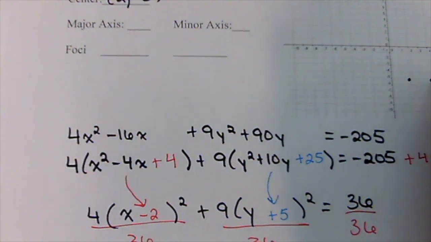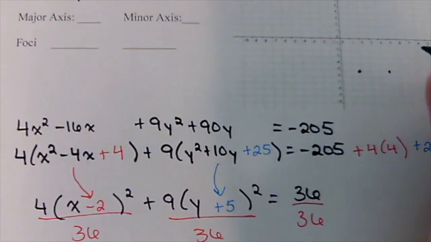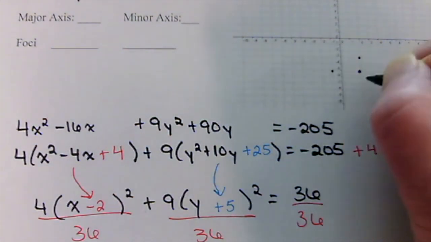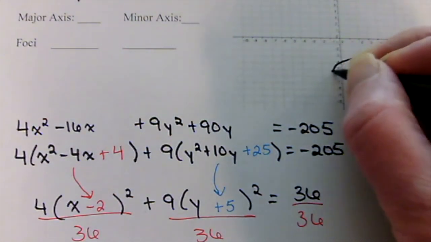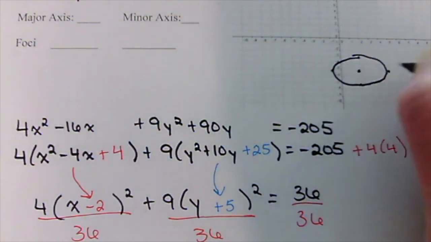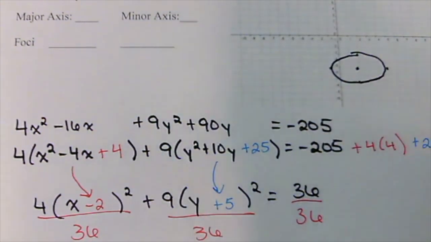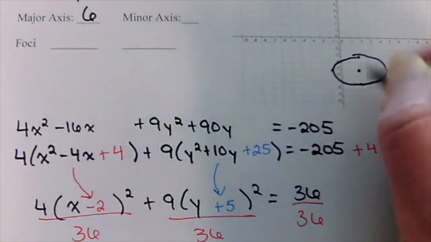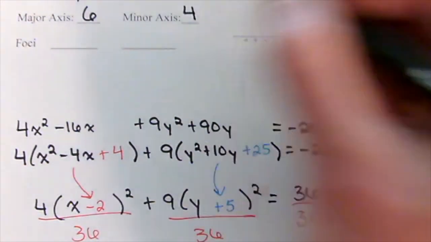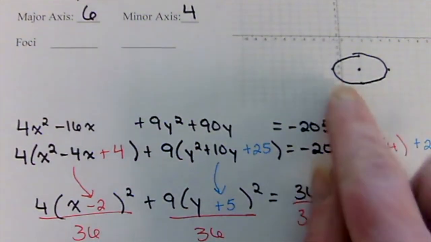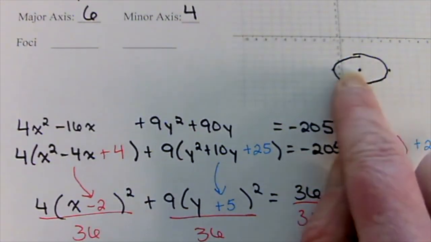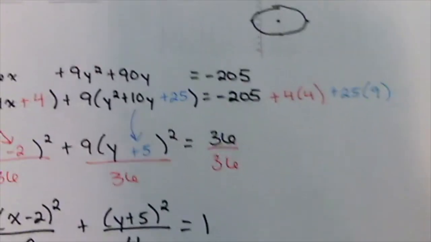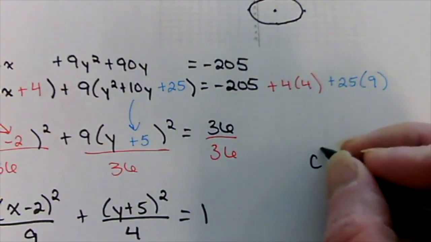A was 3, B was 2. Major axis is the longer one, so that would be 6 long. The minor axis is the shorter one, it's 4 long. The foci are going to be left and right. So I need to find how far away the foci are.